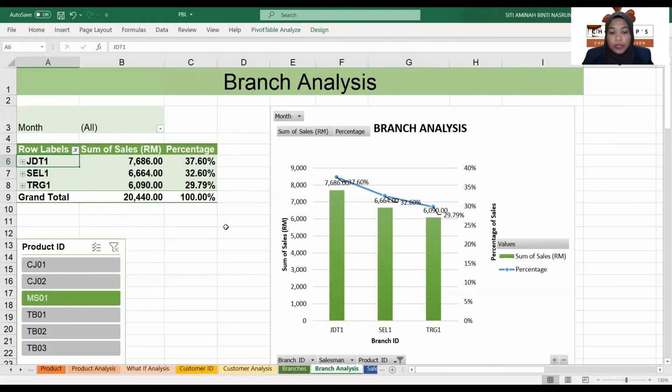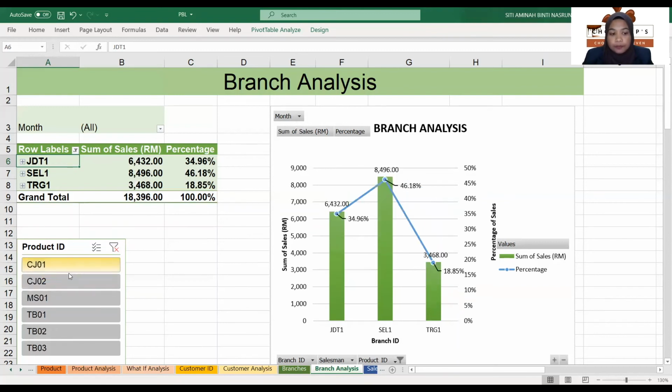We can also filter more than one type of product. The company has Cocoa Jar with two different chocolate flavors, which is white chocolate with product ID CG01 and regular chocolate with product ID CG02. Now, we want to know the sales of Cocoa Jar for both types of chocolate.